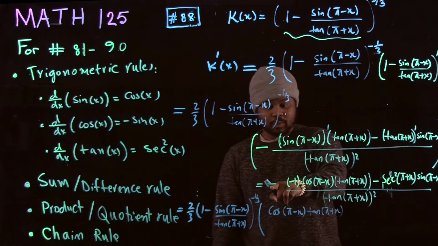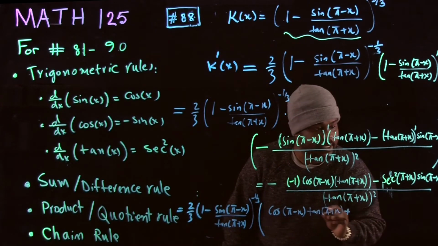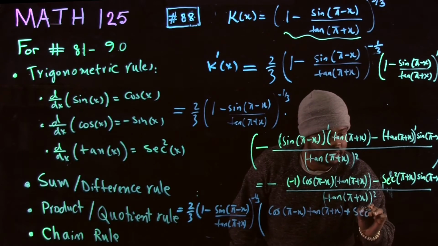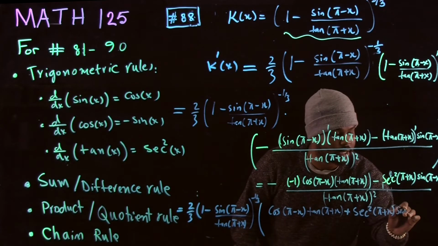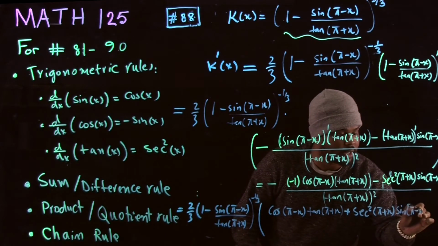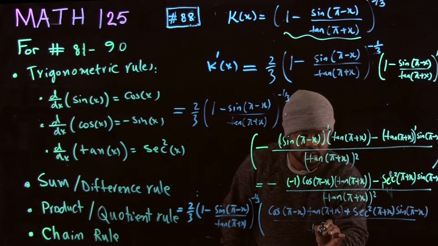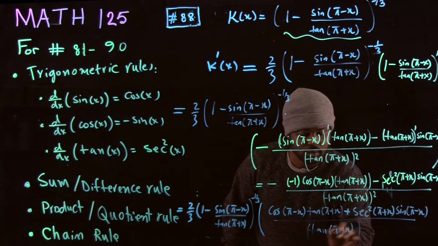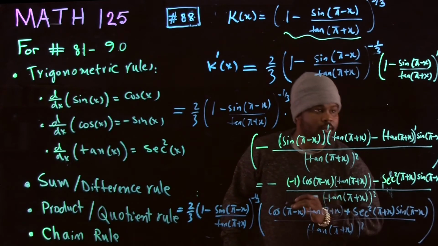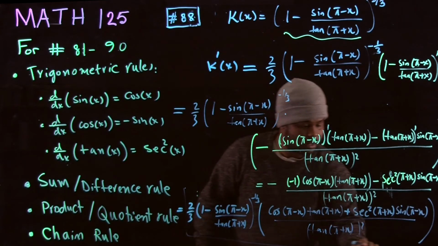Now remember I'm multiplying through by negative sign, so this becomes positive, plus secant squared pi plus x sine pi minus x all over tangent pi plus x all squared. And this is our final answer.